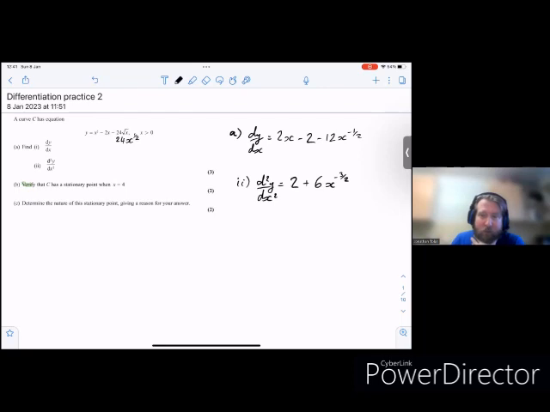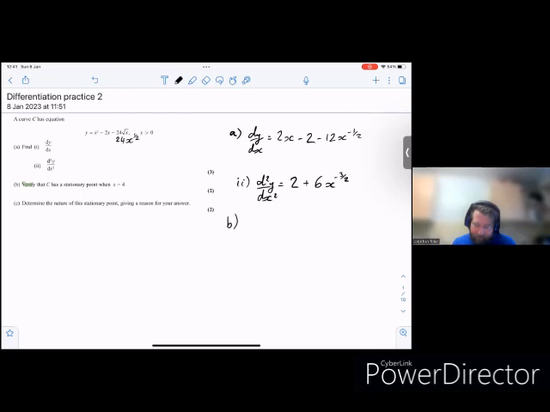When it says verify, we just have to check that there is a stationary point when x equals 4. Obviously, if it said prove, we could prove it in the same way, but the word verify indicates that you're not going to have to make dy by dx equal to 0 and solve that for x. We could just plug in x equals 4.